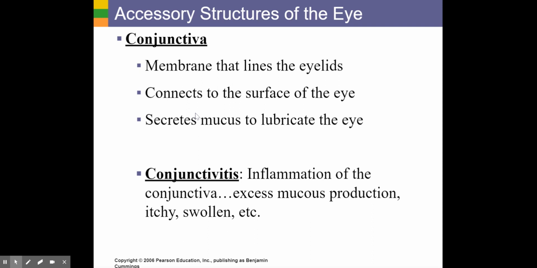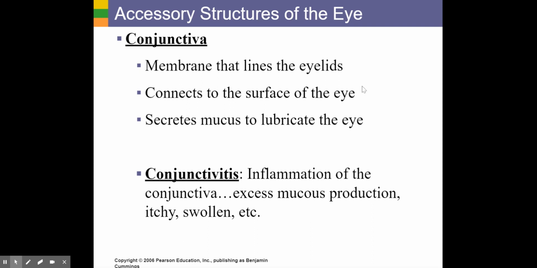And then we have a couple other structures. We have what's referred to as the conjunctiva. This is the thin membrane that lines the eyelids, and it connects the eyelids to the surface of the eye. There are several secretions that are produced that help lubricate that. That's one of the reasons why when you blink, that'll help force some of those structures out.